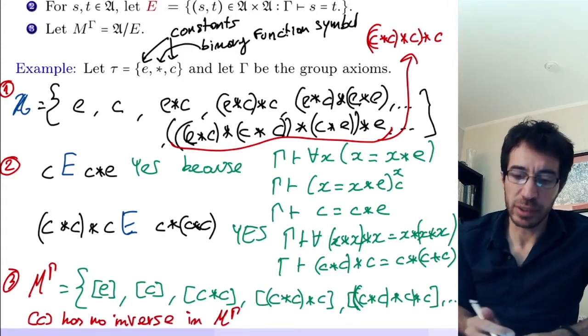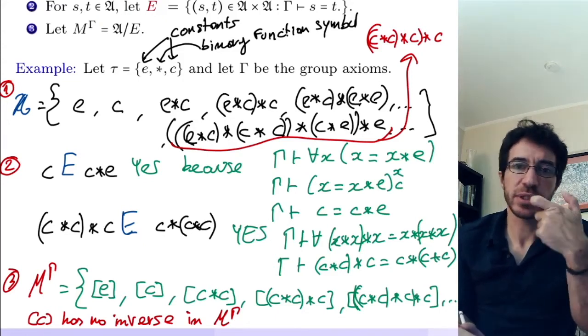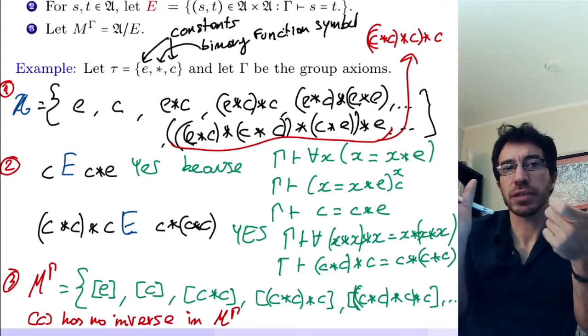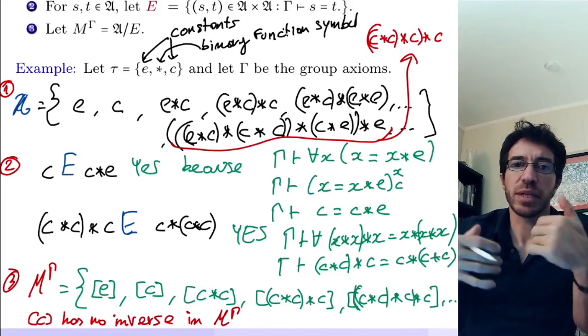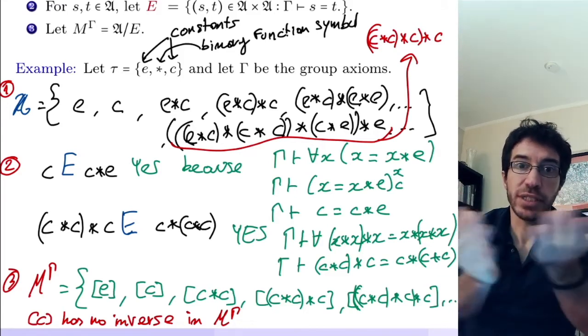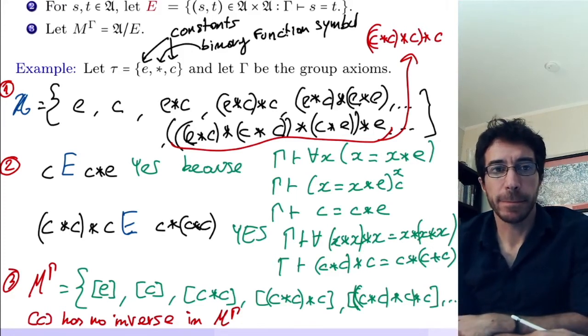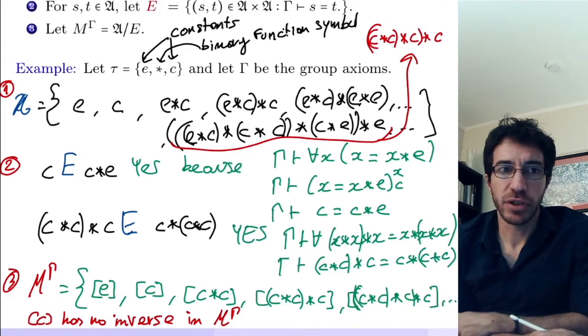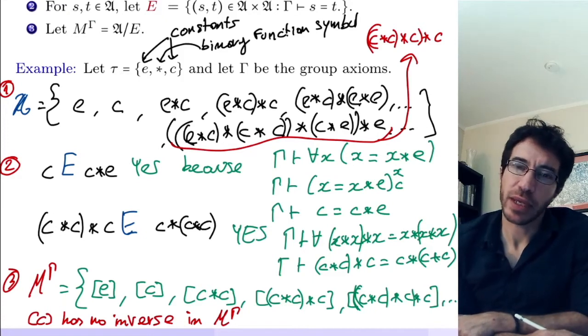Because when you multiply two of these guys, if you multiply something that has 2 C's and something that has 3 C's, you end up with something that has 5 C's. So when you multiply, you're just adding the number of C's. But there are no negatives, so you don't have an inverse. You cannot get to E in this structure. So it's not a group.